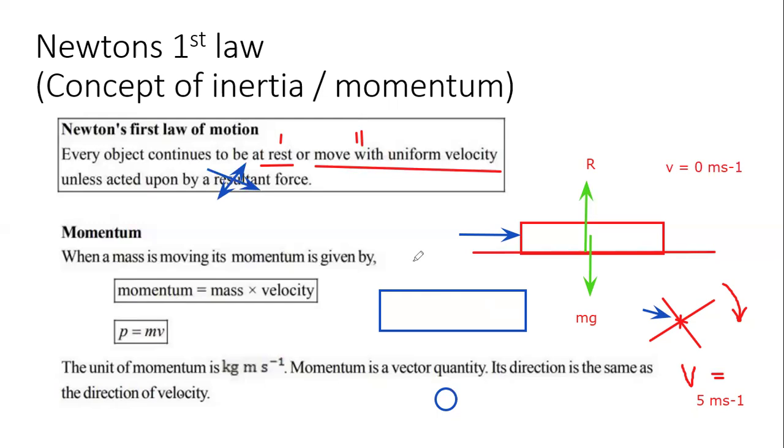And for a good example, let's take a moving bullet from a gun. The bullet has a very low mass, however the velocity is much higher. So we cannot stop a bullet, right? That is why it is piercing through. Because whatever object has the highest momentum is very hard to stop.